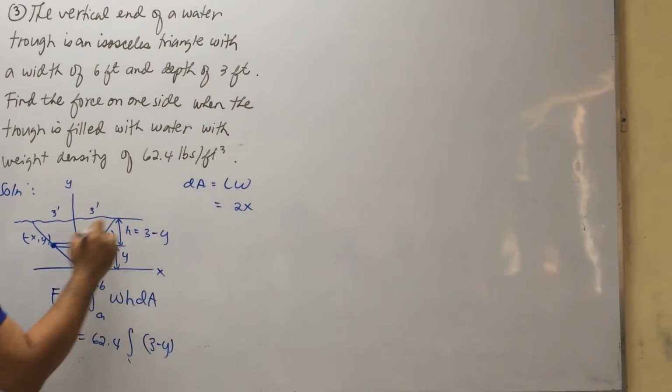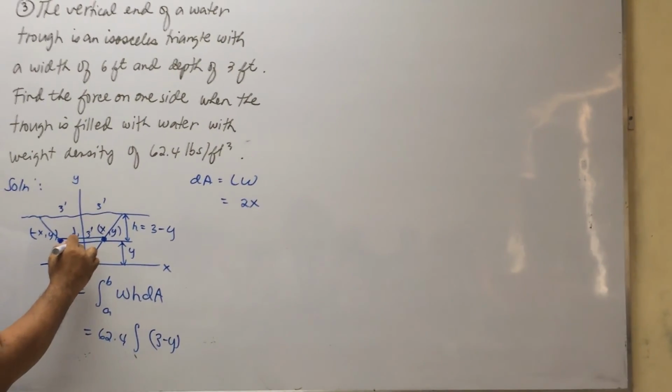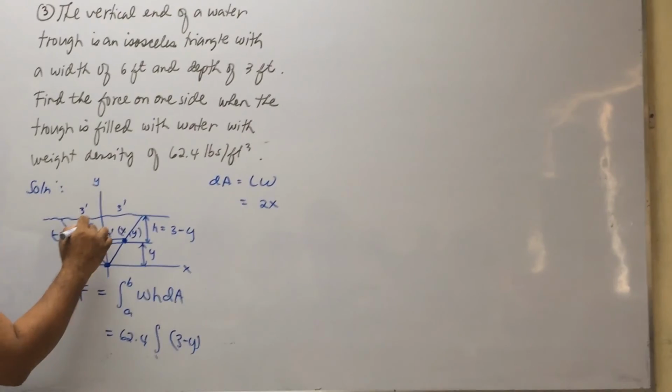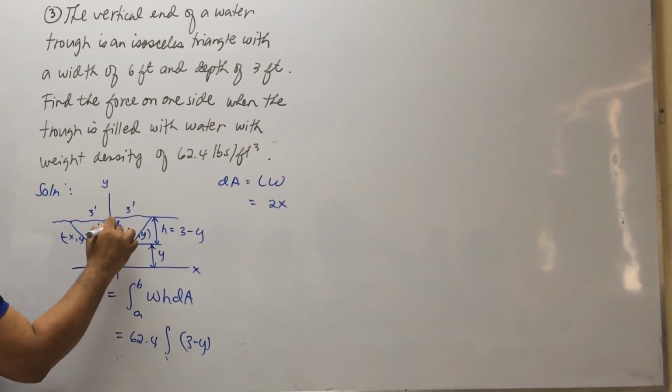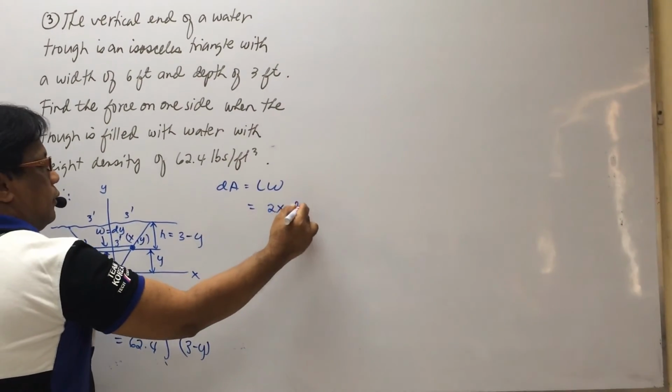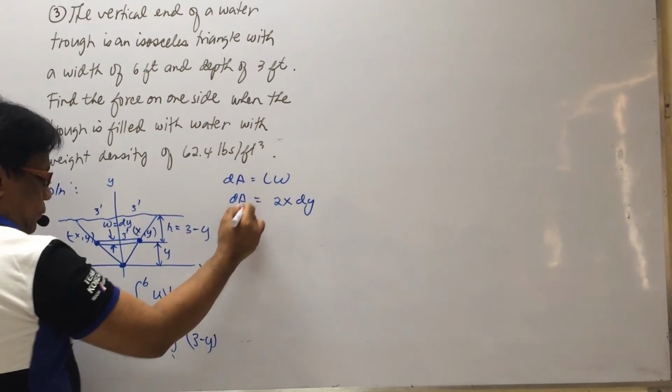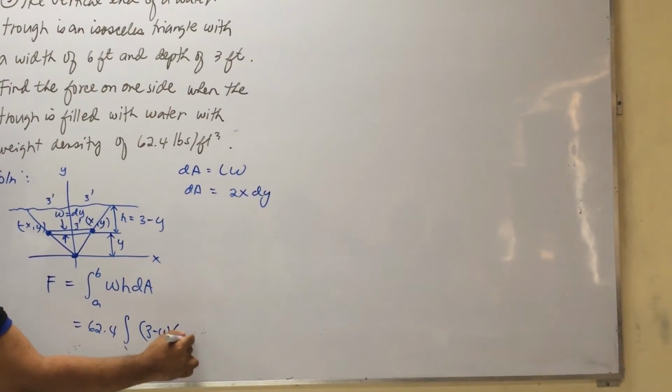Then you have the thickness, which is represented by the horizontal strip, which is dy. So let us have that now, 2x dy.